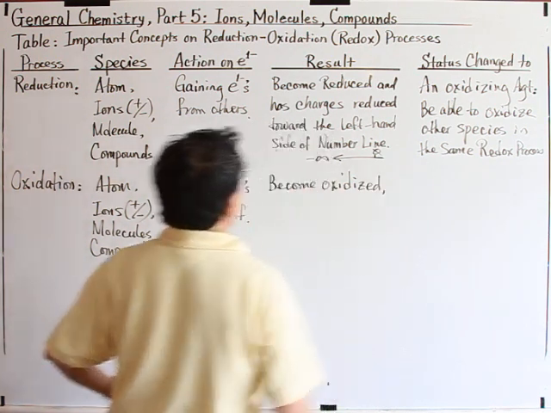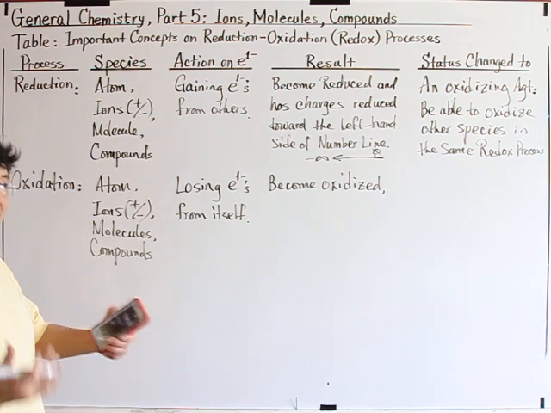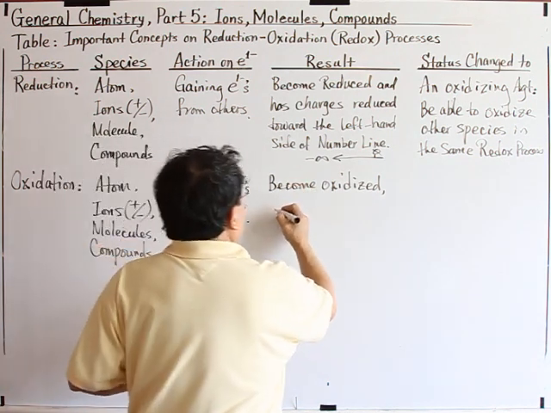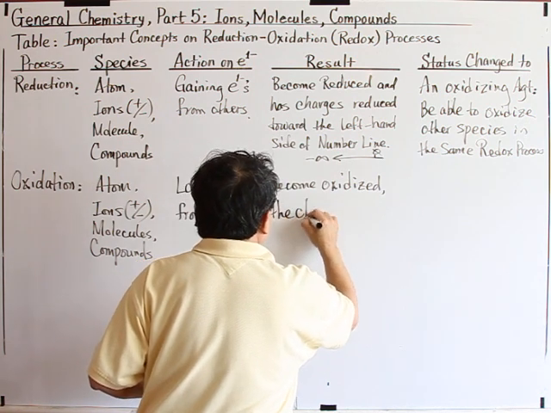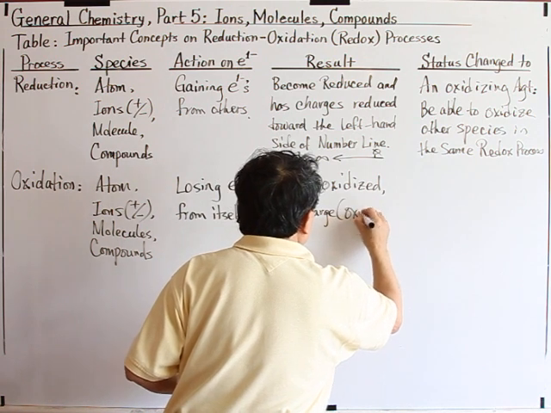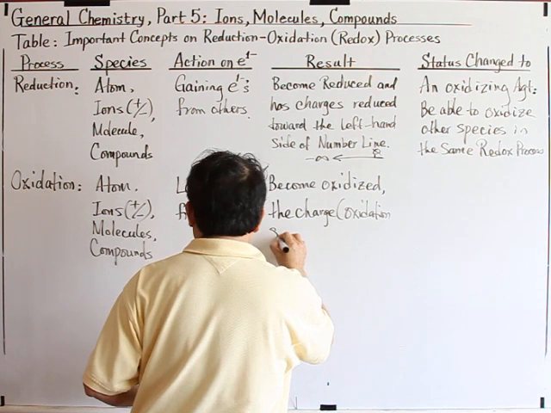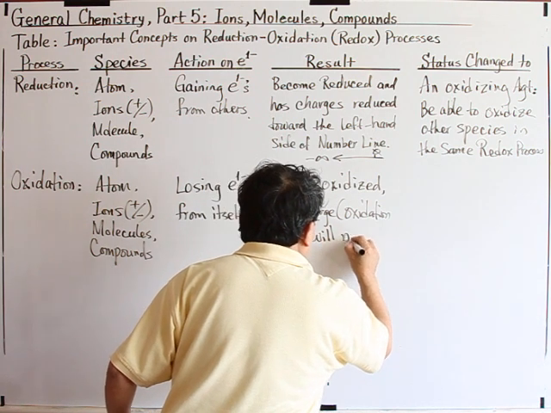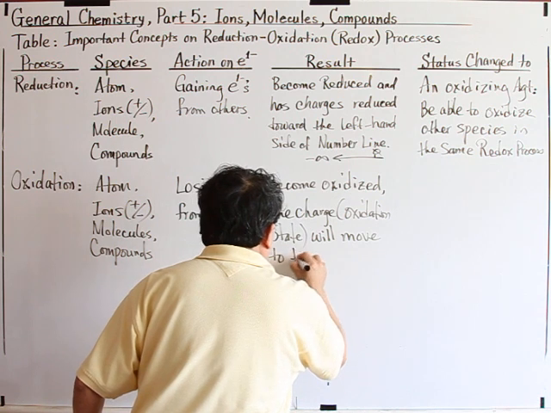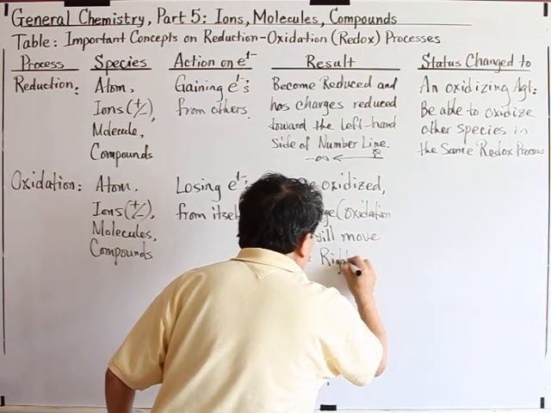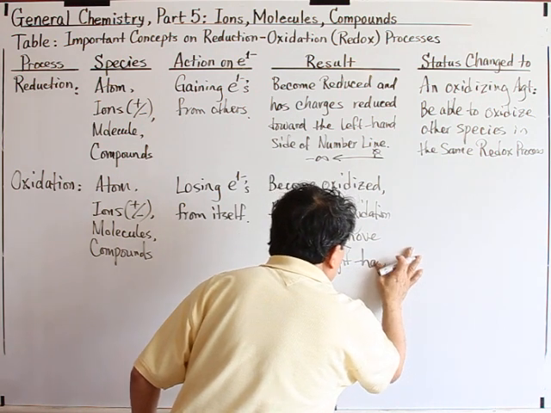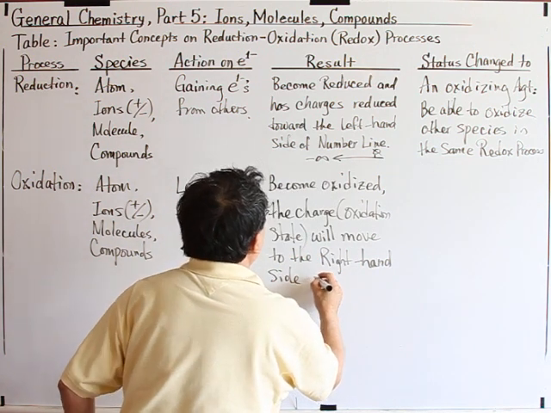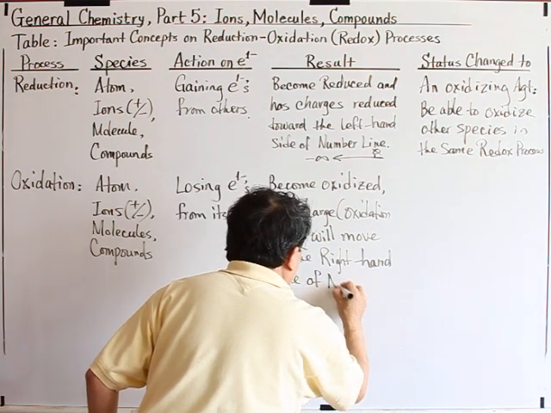Becomes oxidized, right? And then the charge, or the oxidation state, will move to the right-hand side of the number line.